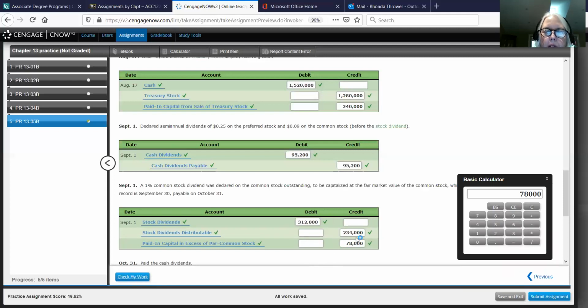Again, the par value is used to determine the stock dividend distributable. The market value is used to determine the stock dividends. The difference between the market value and the total par value is the paid-in capital in excess of par on common stock that would increase this stockholders' equity account.